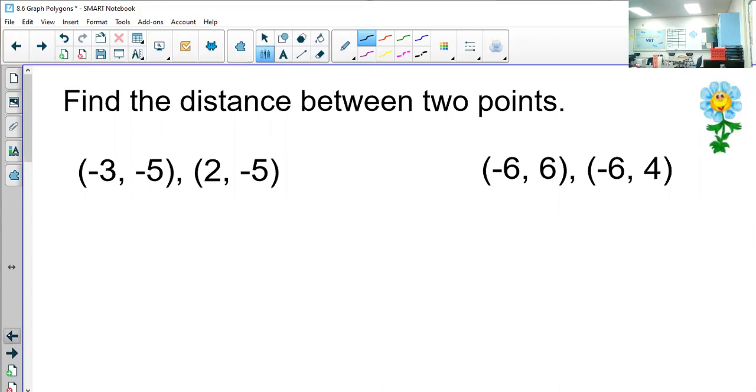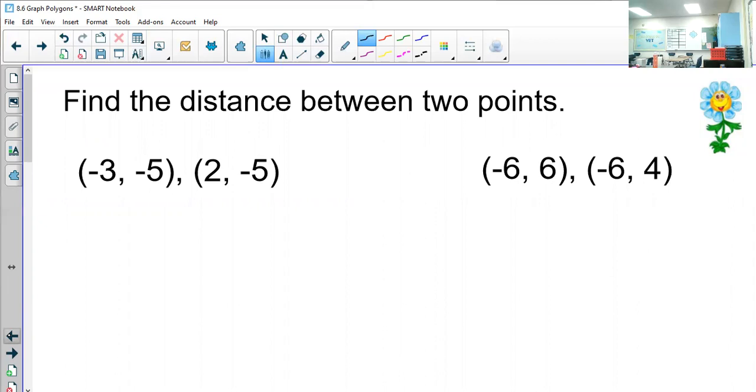Okay, the next thing we're going to do is find the distance between 2 points. But if you don't have a graph to use, we can just look at the ordered pairs, and there's a little bit of a formula that we can use to figure this out. So let's look at these two ordered pairs.